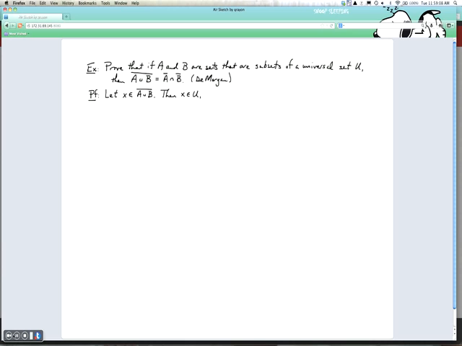Then X is in the ballpark, it's in the universal set, but X is not an element of A union B. Okay? So again, just like when we deal with equalities and not equal to, not equal to is hard to deal with because we don't know what it is equal to.